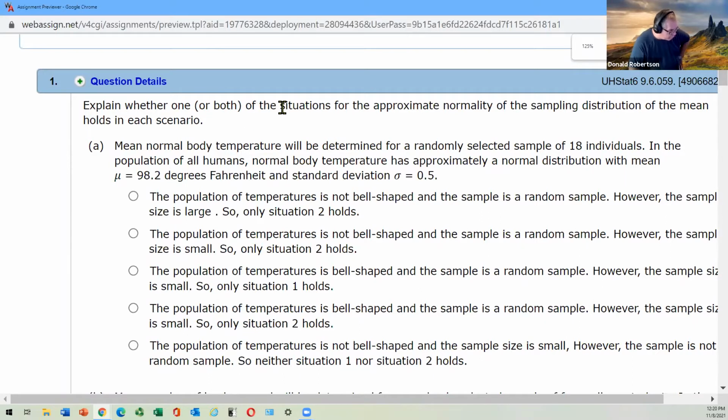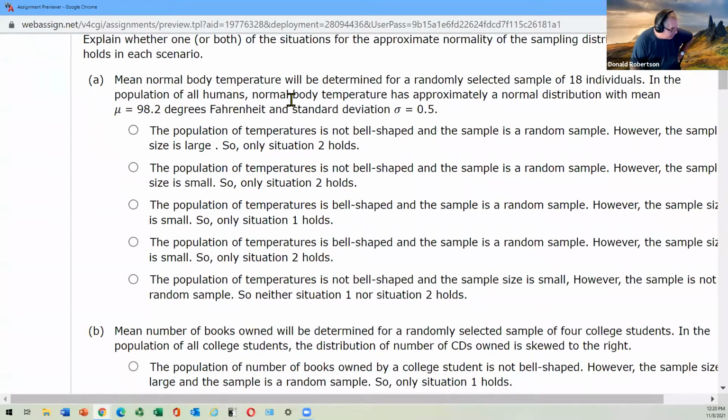Explain whether one or both of the situations for approximate normality of a sampling distribution holds. So number 1 is the original population is normal in shape, right? And the second one is that it's big enough, right? Whatever big enough means. The mean body temperature will be determined from a randomly selected sample of 18 individuals. Okay. We're about to find out if big enough is 30, because it might be 10. And it's Fahrenheit.